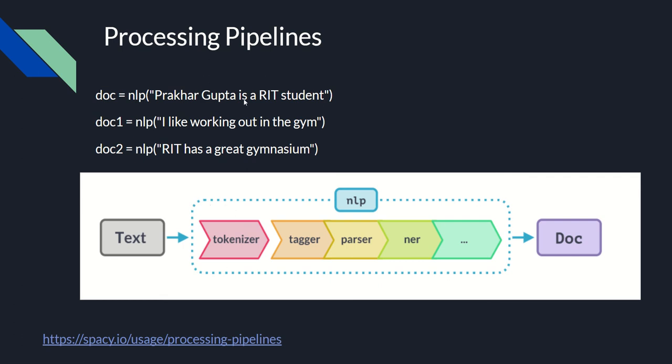When you pass a sentence to it, the text goes inside this whole pipeline and it processes it. It breaks it into tokenizer, tagger, parser, does NER, and this whole thing is converted into a doc. So this is how nlp processes all the sentences. It runs this whole model on your text and extracts the essential features out of it.